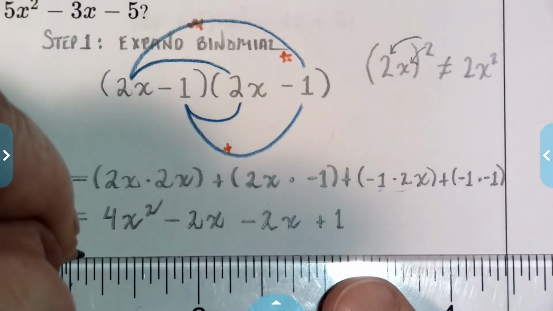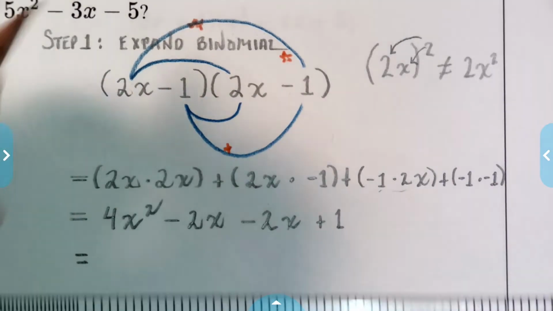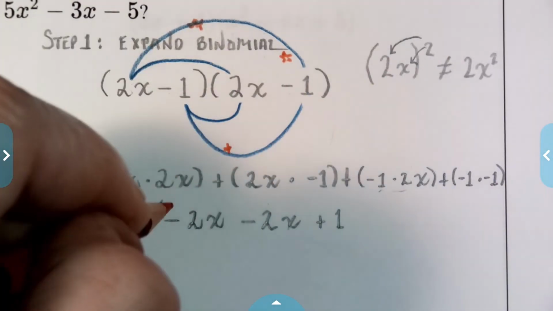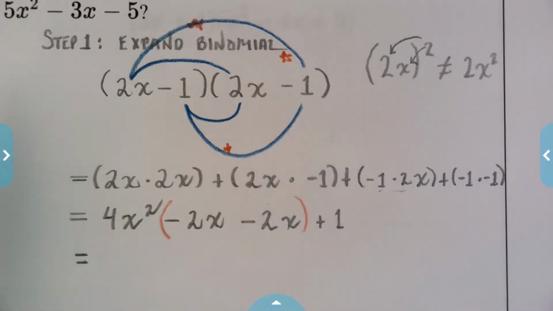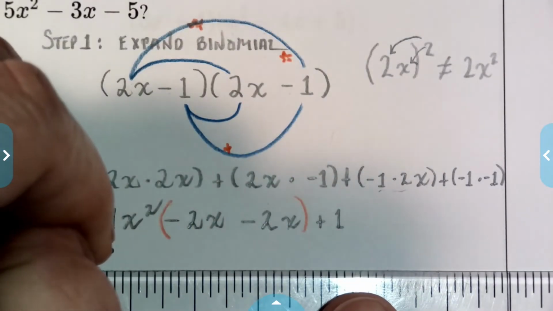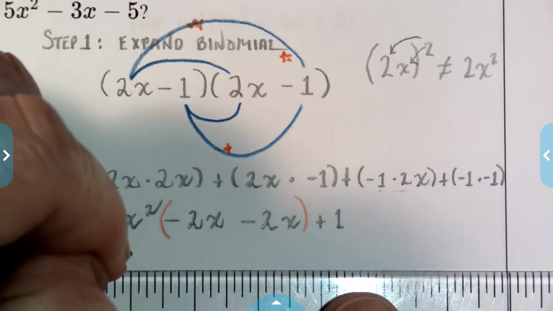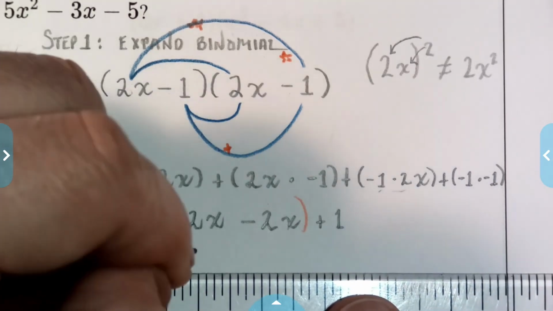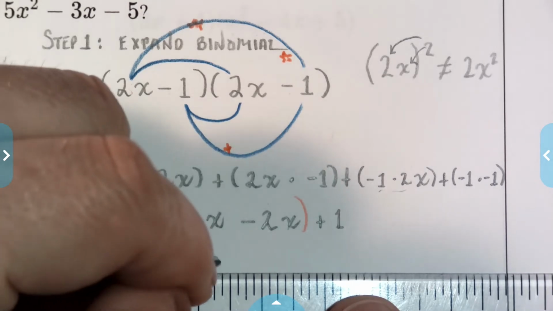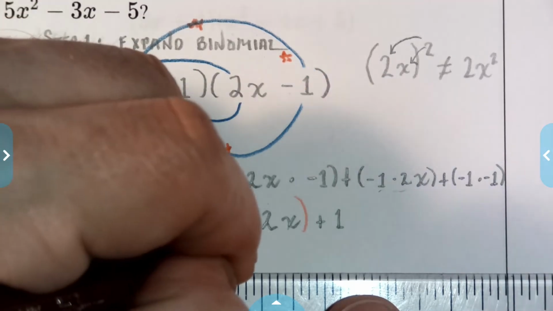Okay. So notice again, we have these middle terms that are going to combine. So we have 4x squared minus 4x plus 1.